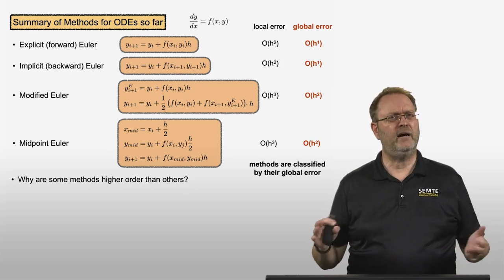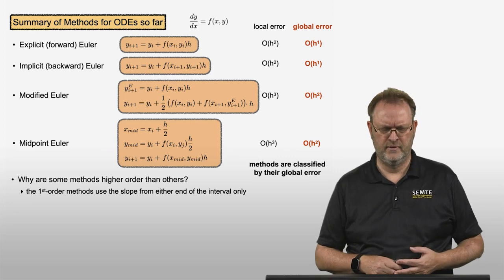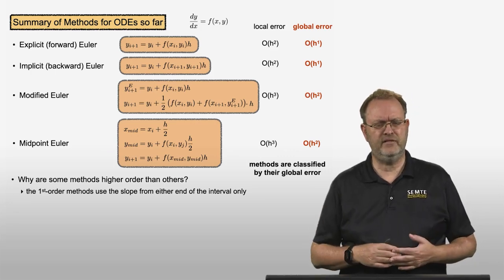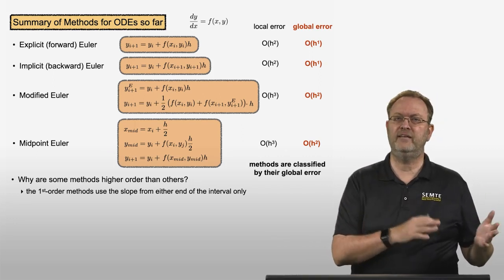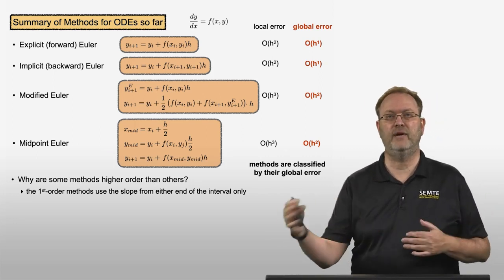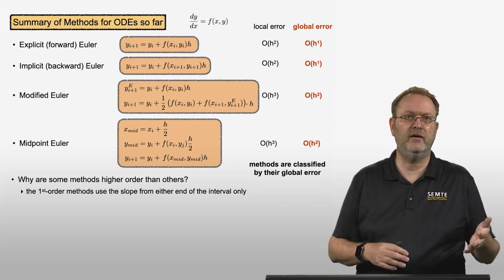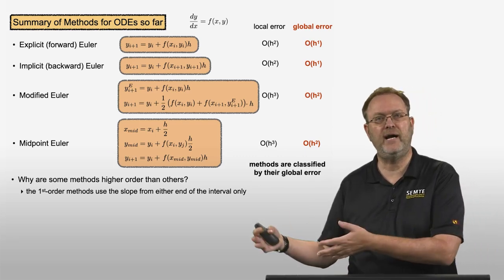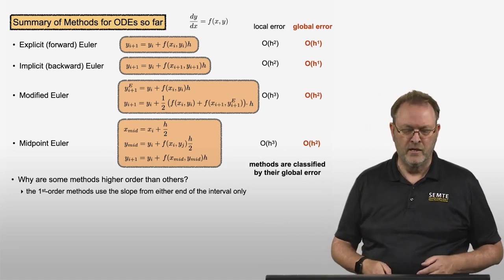Now, why are some methods higher order than others? Well, the first order methods, if we look at them, use the slope from either end of the interval from xi to xi plus 1 only. It's either f using only xi, yi, or using only xi plus 1, yi plus 1, as is the case for the backward Euler method.